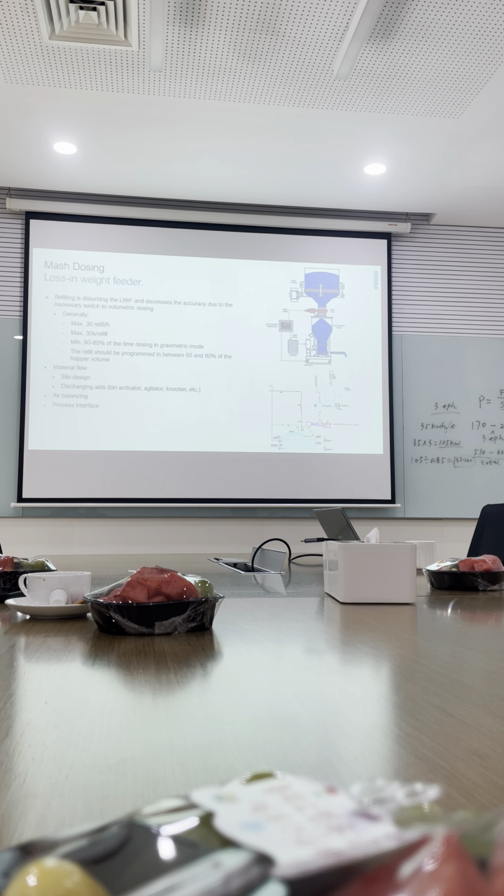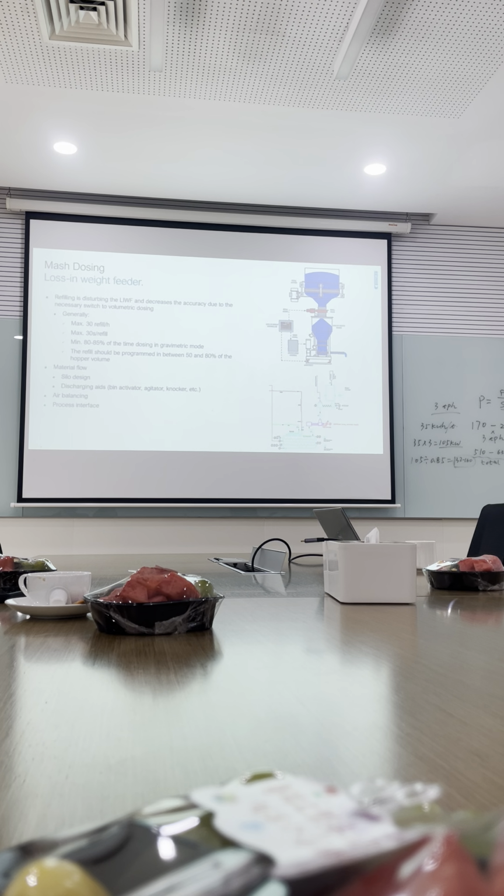So this is 500 kg per cubic meter, right? So the hopper should be around 1.2 cubic meters.